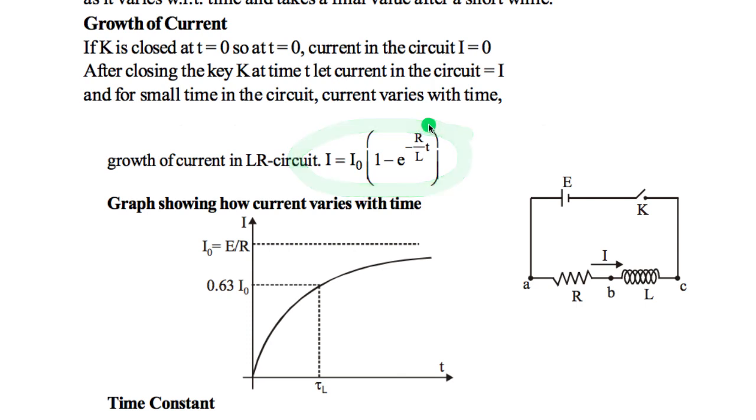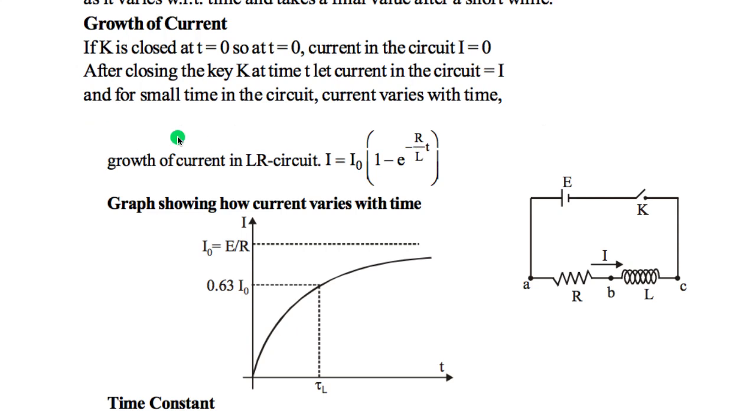You should remember that in the LR circuit, the growth current is given by I equals I naught into 1 minus e to the power minus R by L into t, where I naught is the peak value of current, R is the resistance, L is the inductance and t is the instant of time.